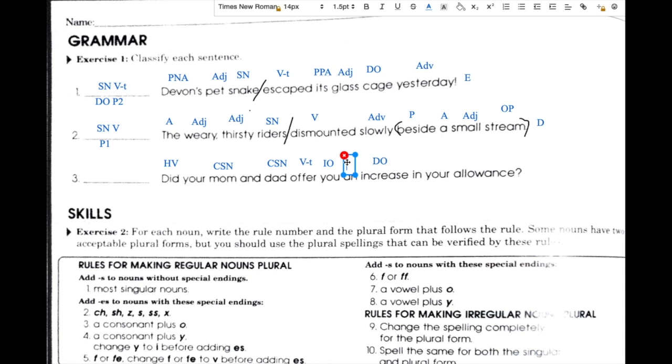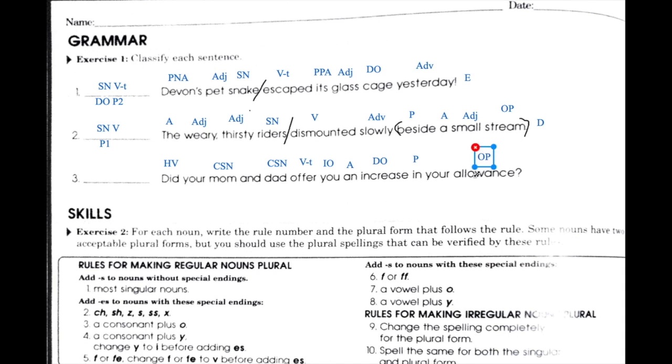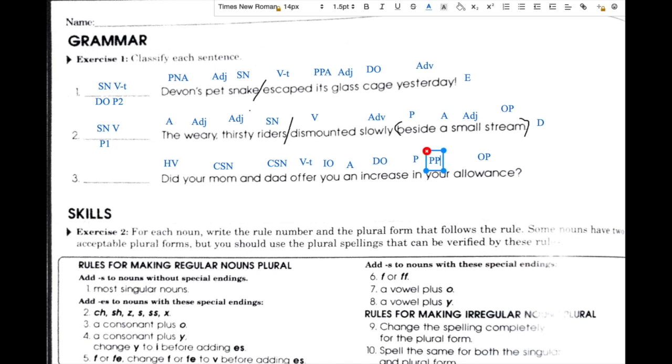An is always an article adjective. In is always a preposition. In what? Allowance, object of the preposition. Whose allowance? Your. If we're answering whose, that means we're showing possession. It's also an adjective describing. It's also a pronoun. So it's a possessive pronoun adjective.